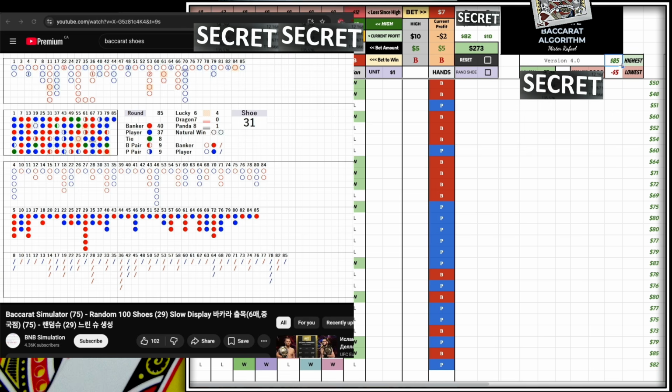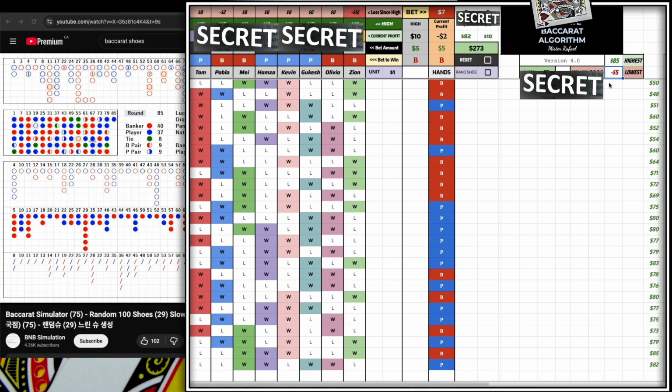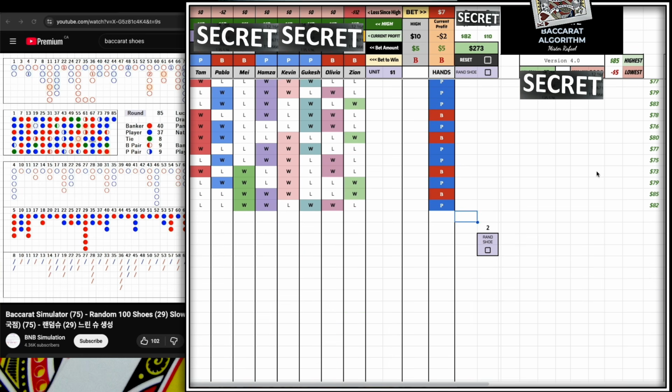Okay, highest $85 in profit, lowest minus $5. Currently sitting at $82. Next bet $7 on banker.